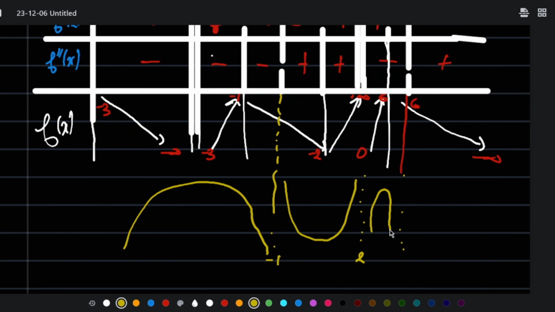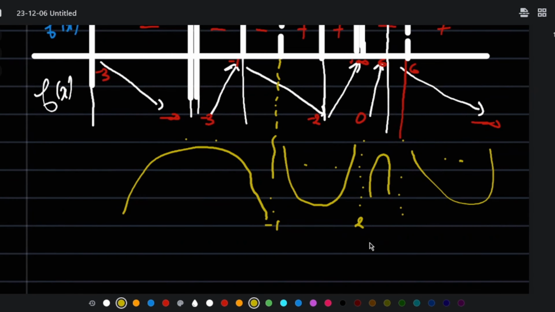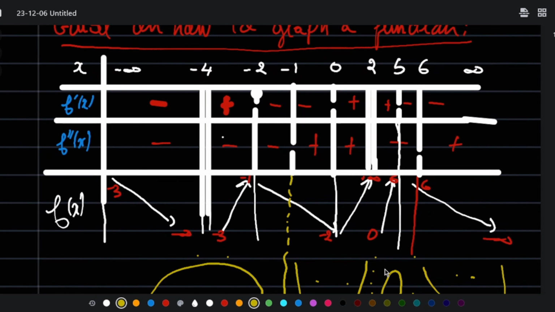So plus is like happy, so the function here is happy, and the minus is sad, so the function here is sad, and in this part here the function is happy, so it's convex. Yeah, so that's the concavity.